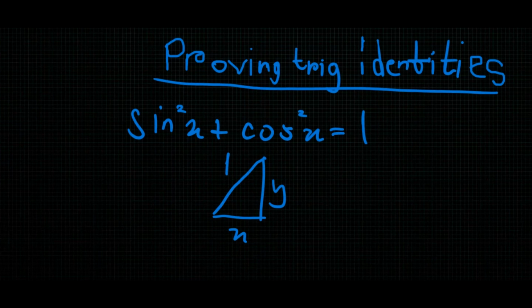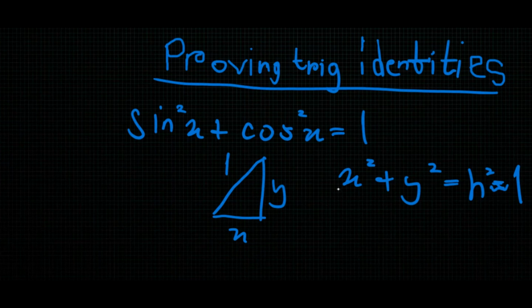We know that Pythagoras' theorem states x squared plus y squared equals h squared, or hypotenuse squared. And if you square 1, it will be 1. So x squared plus y squared equals 1.